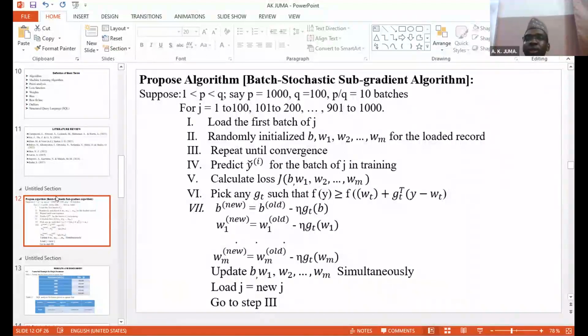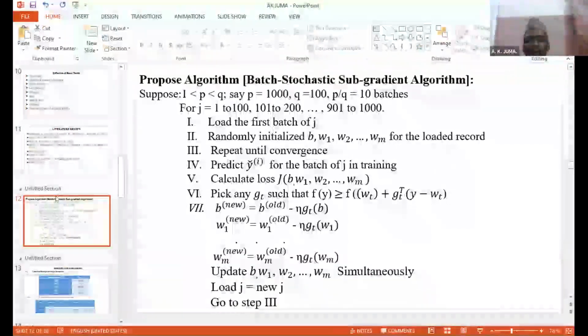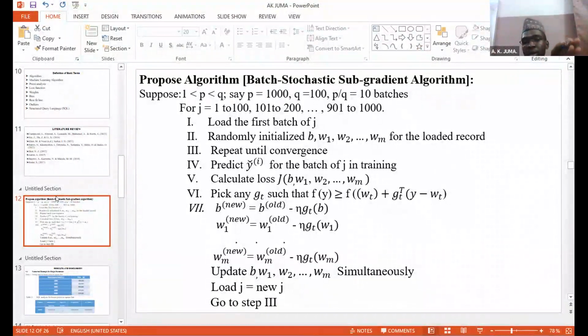If I'm dealing with multiple parameters, at which point will my plane intersect the y-axis? So that is batch. It will load all the records, then continue iterating until it gets the best fit line, or, if you are dealing with multiple parameters, the best plane. While stochastic is considering one data point at a time.